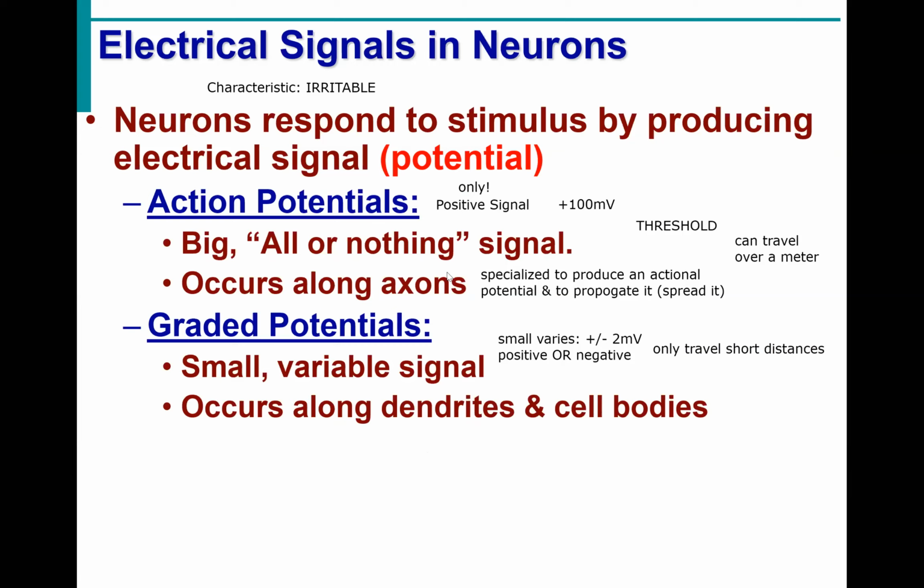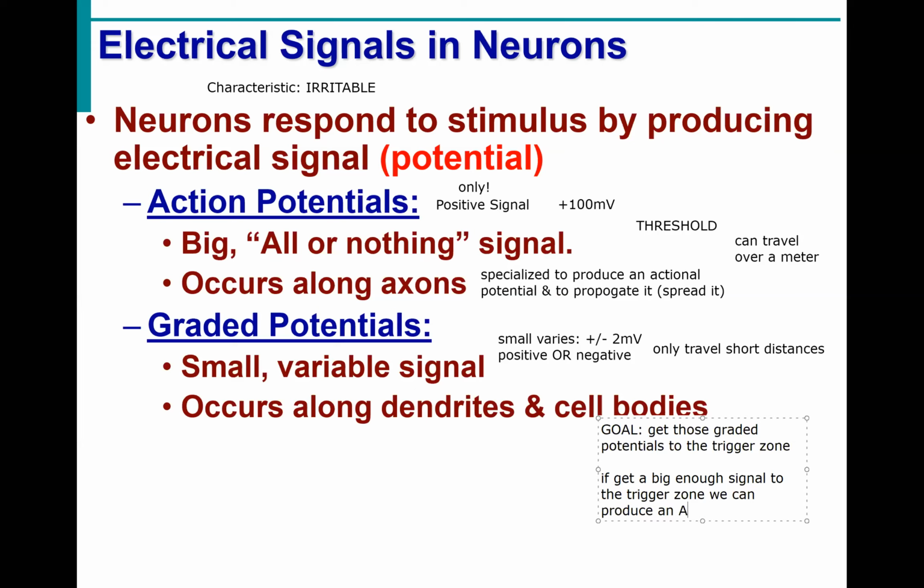And the goal is going to be to get those graded potentials to the trigger zone. And if we can get a big enough signal to the trigger zone, we can produce an action potential.